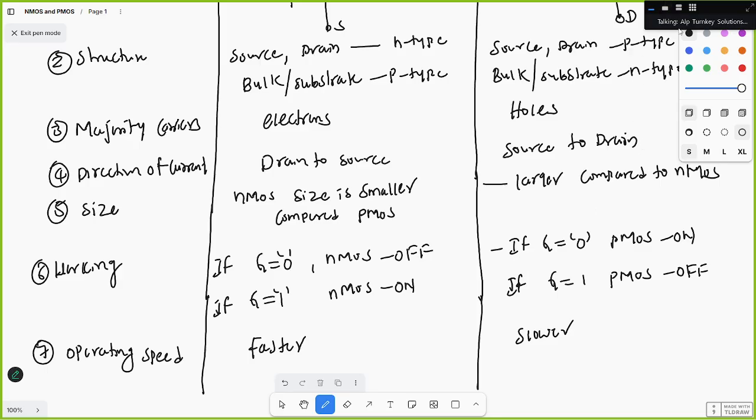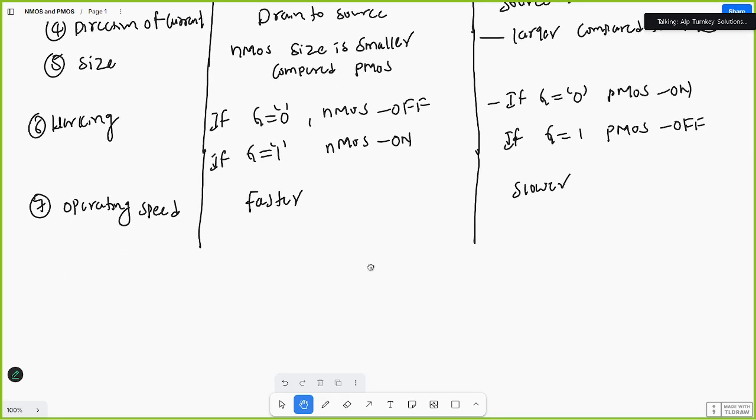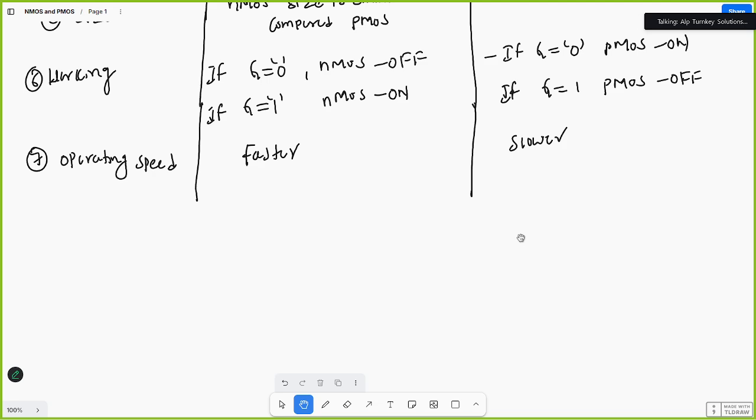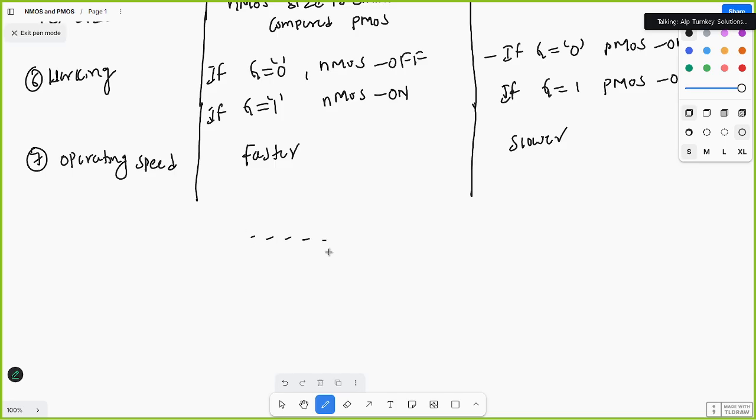Mobility actually, like I told you in semiconductor physics, basically a hole does not exist. A hole is nothing but, suppose electrons are flowing like this and one electron moves from here to here, then one vacant position is created.